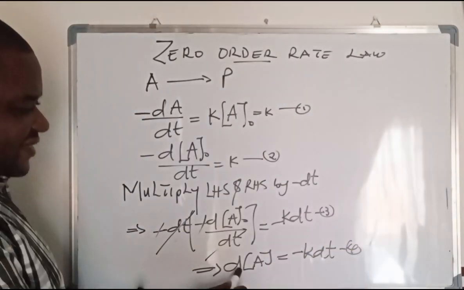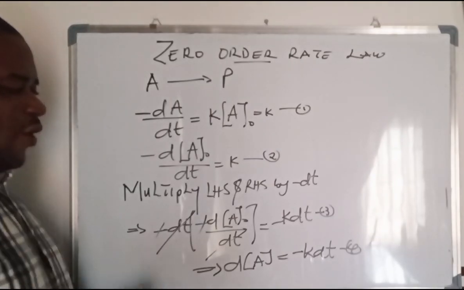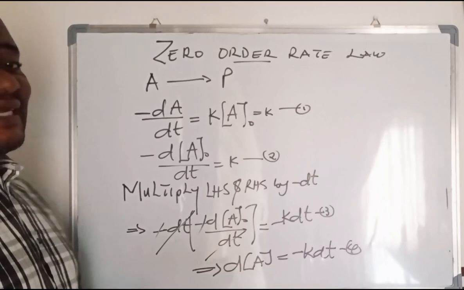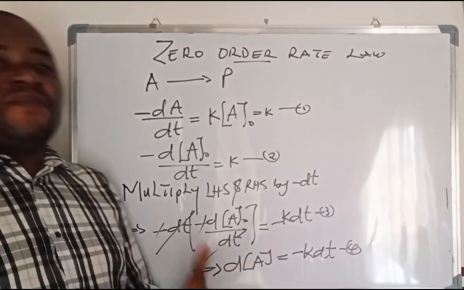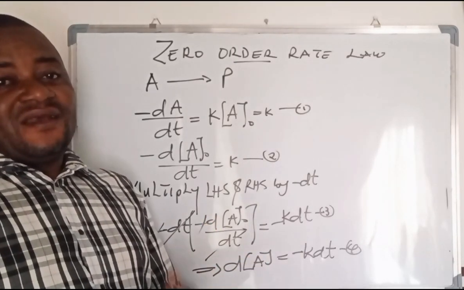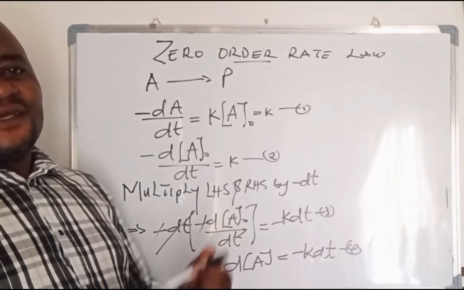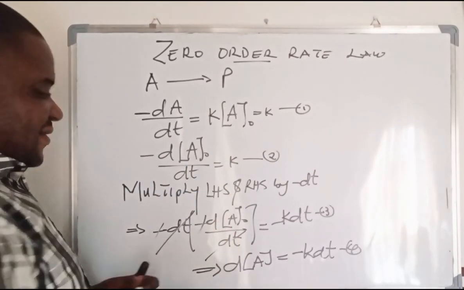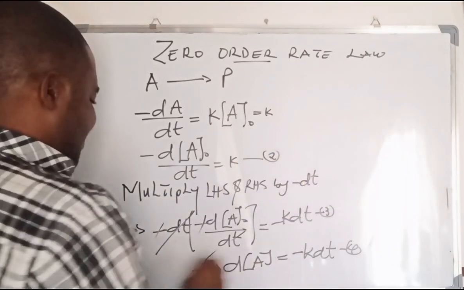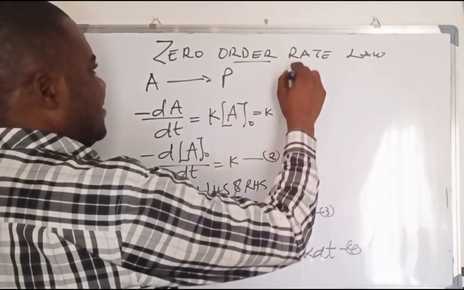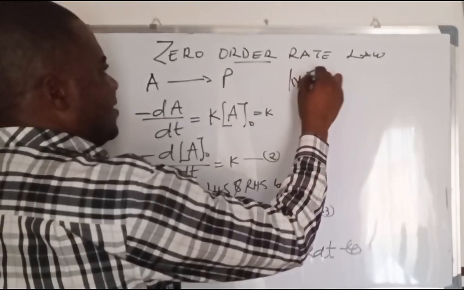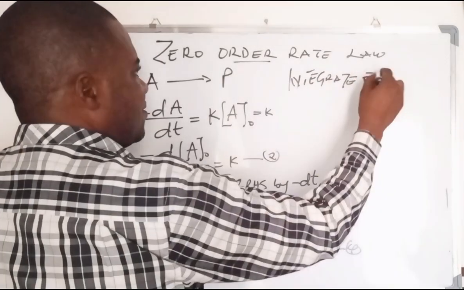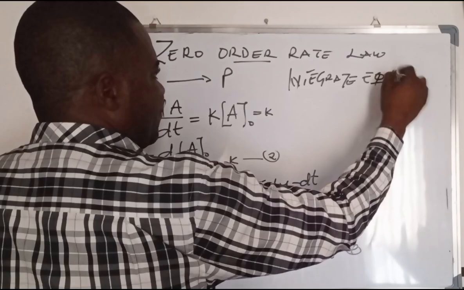Now, with this, we have come to a point where we need to do what? Integrate. And that's why I told us that there is need for us to understand the basic integration and basic differentiation that we have. Now, at this point, we are going to integrate equation 4.